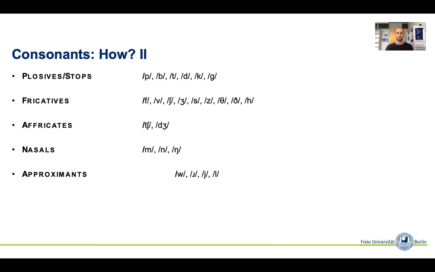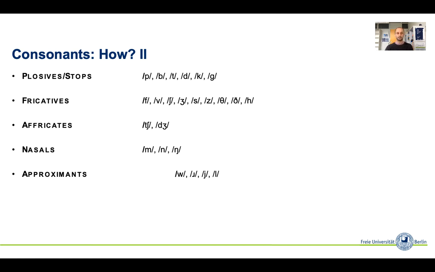Then we have affricates, which is a combination of plosives and fricatives. It is a stop followed directly by a fricative. So t as a plosive, sh as a fricative, together ch. The same goes for j.